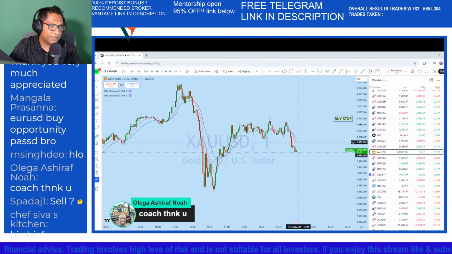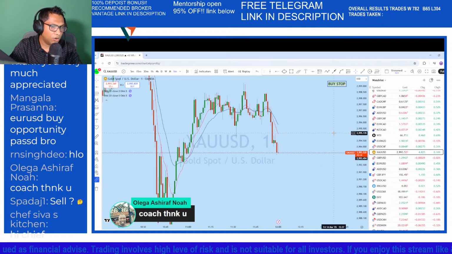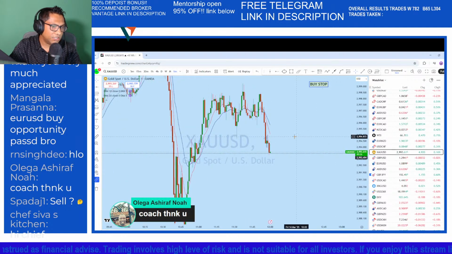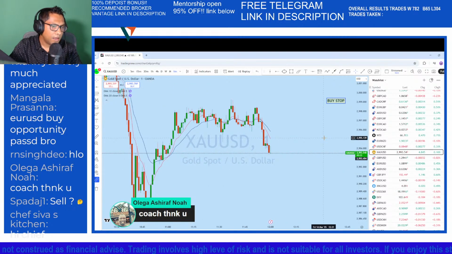In this lower time frame, there is a doji formation, and you can see that there is a narrow doji.